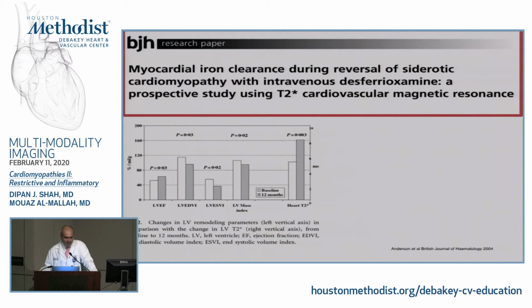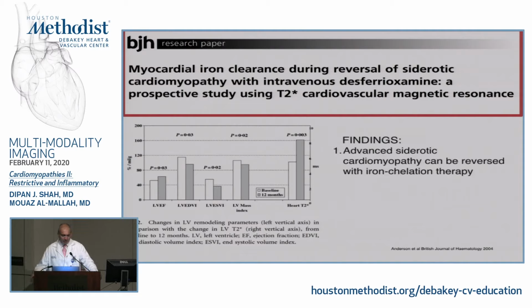What's also interesting is using this technique, and most of this work was really done by Dudley Pennell and his group out at the Royal Brompton, that they were able to actually track serial changes in patients that were getting iron chelation therapy. And what they found is that with iron chelation therapy, not only do you see an increase in the myocardial T2 star time, but you also see improvement in LV functional parameters as well.